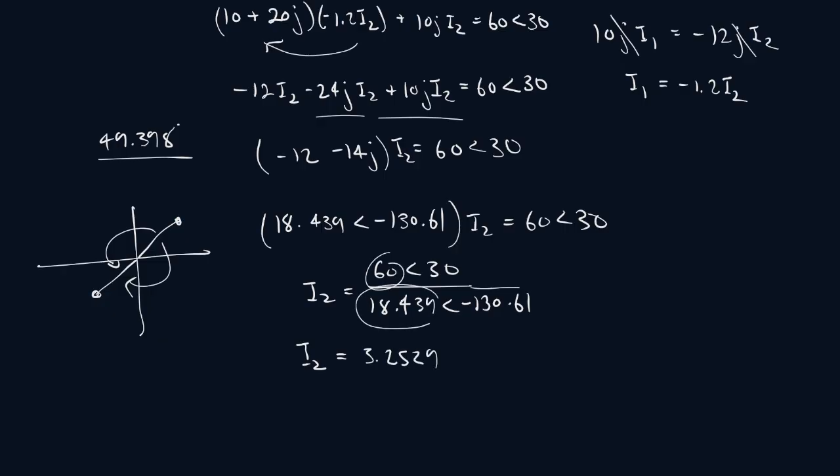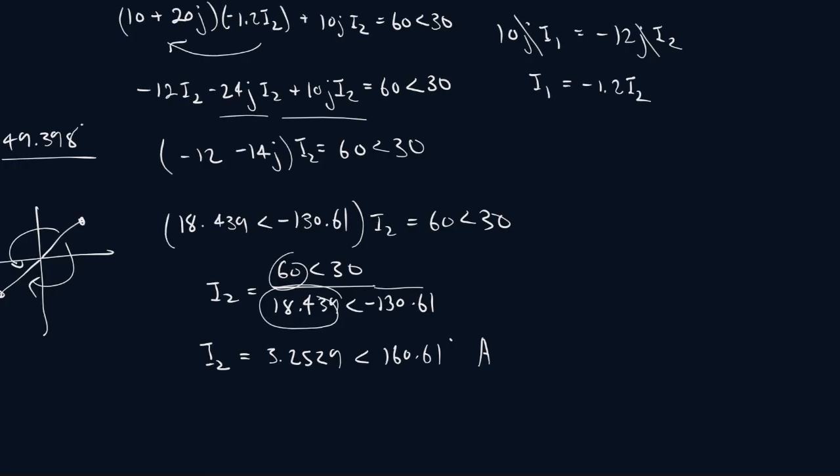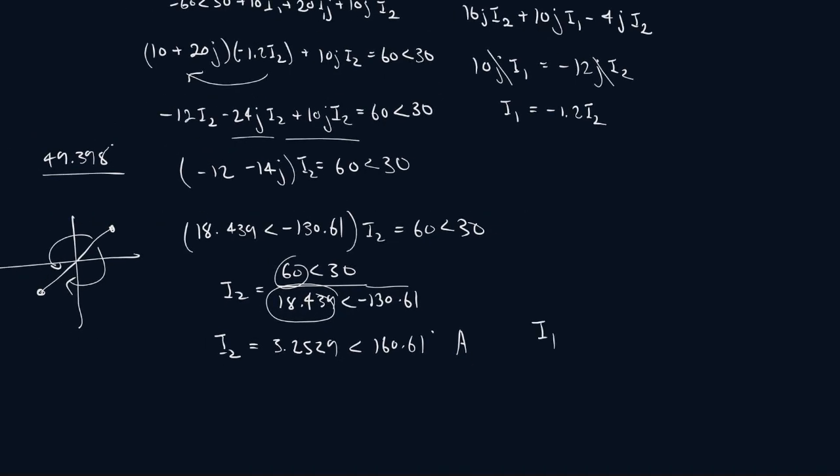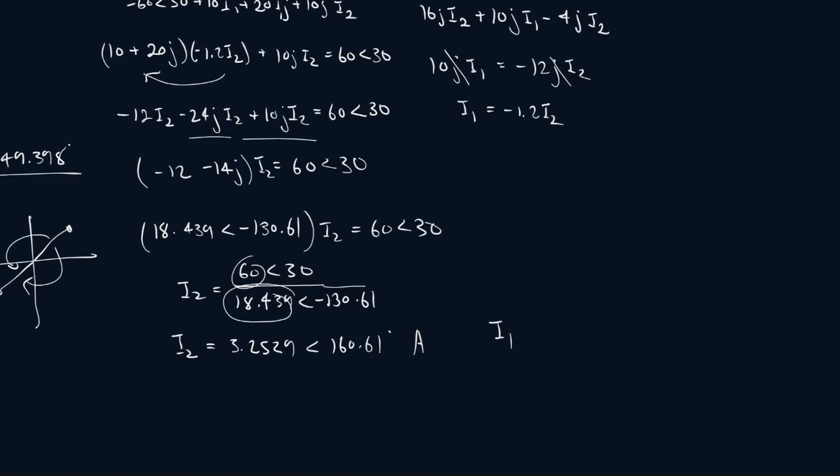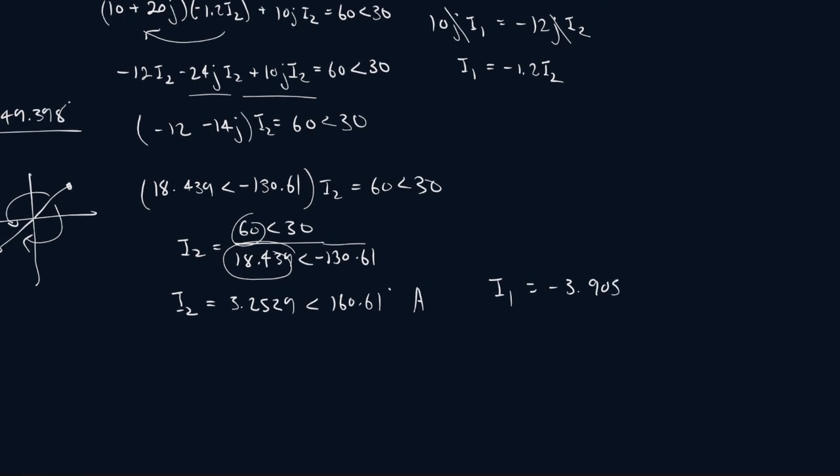So this divided by this, then we subtract these two angles: 30 minus minus 130.61 is 160.61 degrees, and this is in amperes. I1 is pretty much minus 1.2 of that value. So it's minus 3.905 phasor 160.61.